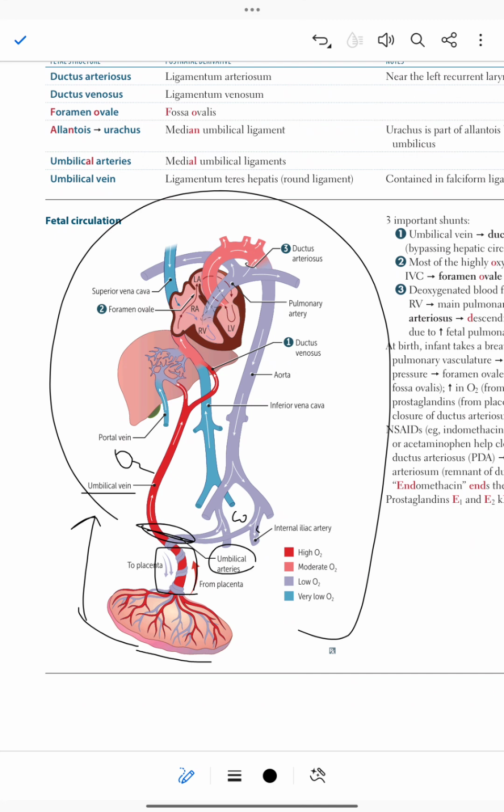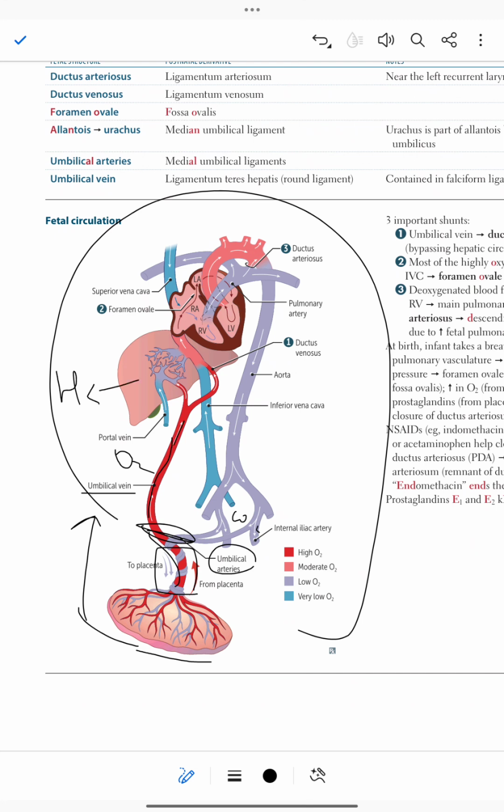Umbilical vein starts from placenta, then enters the fetus through umbilicus. After entering, the umbilical vein goes to the liver. This is a liver.